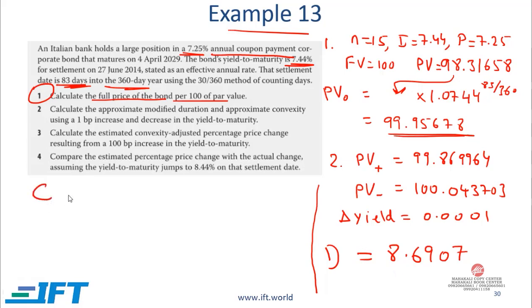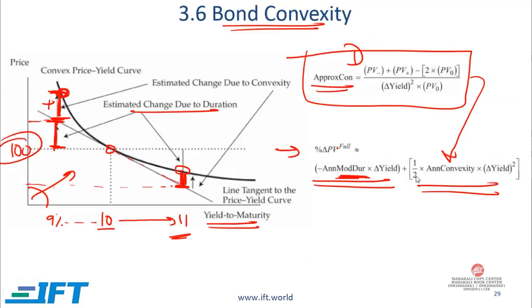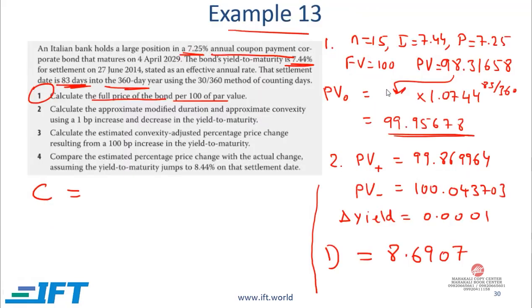For convexity, you take these numbers and plug into this formula. And when you do that, the answer that you should get for approximate convexity is 107.046.